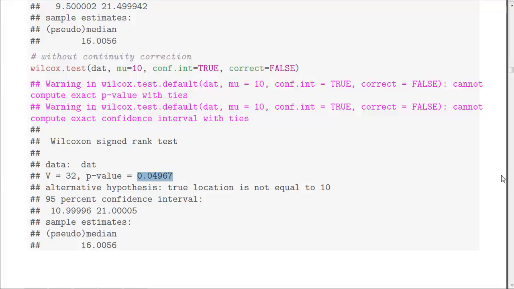And maybe the thing to do in this case is to go out into the world and collect another set of samples to help clarify whether the null is to be supported or rejected from the data. These are hard decisions to make.